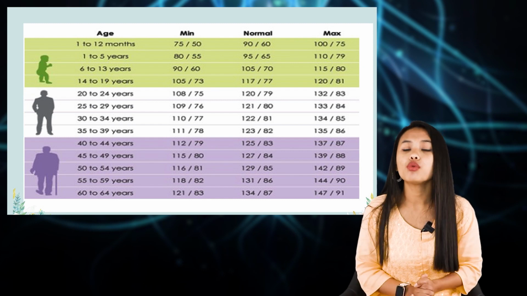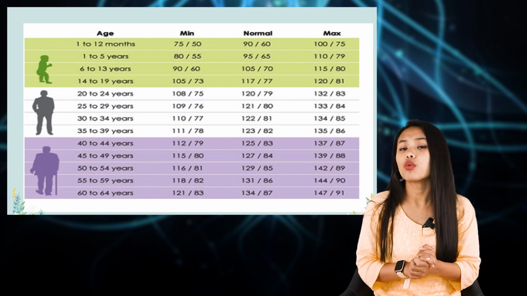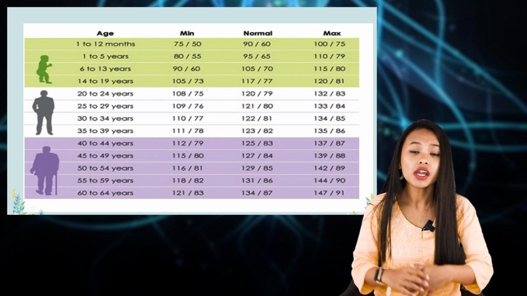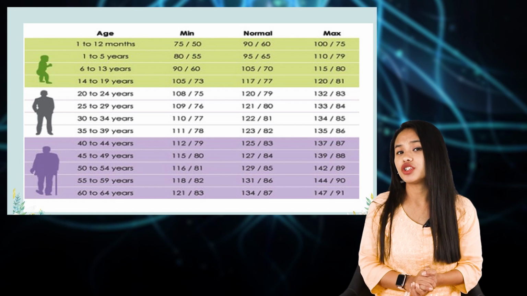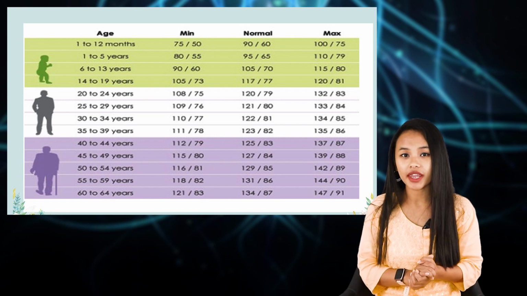And for those who are between 30 to 34 years of age, their minimum is 110 by 77, their normal is 122 by 81, and their maximum is 134 by 85.